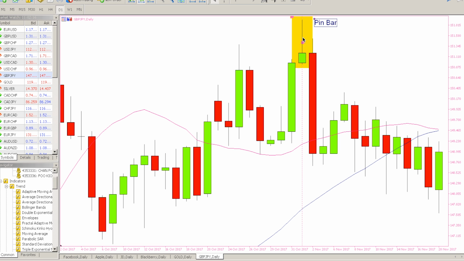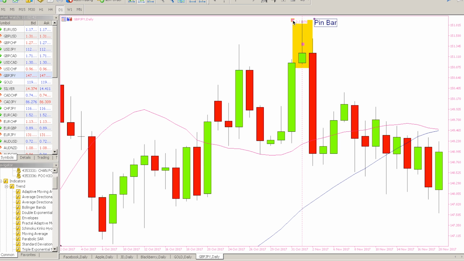Probably it has been moving up and down the whole day, but in the end, it closes here. Throughout the whole day, the price has been facing rejection pressure, and in the end, it closed here. As you can see, there is a very long tail at the top, which represents a strong rejection. The price didn't close here.